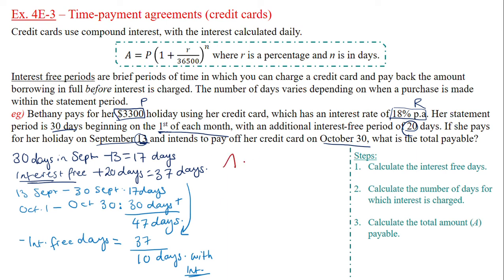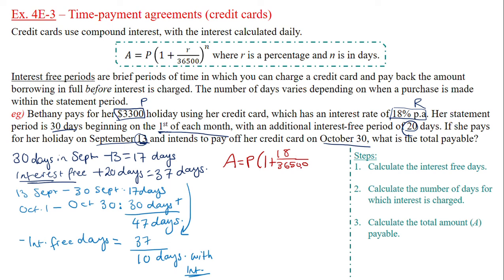So A equals P bracket 1 plus, now the interest rate from the question was 18%, divided by 36500. Please note that my 18 is a whole number and there's no percentage in there.